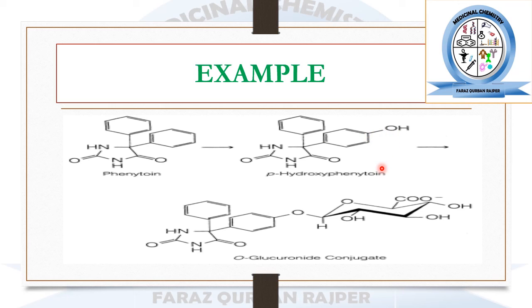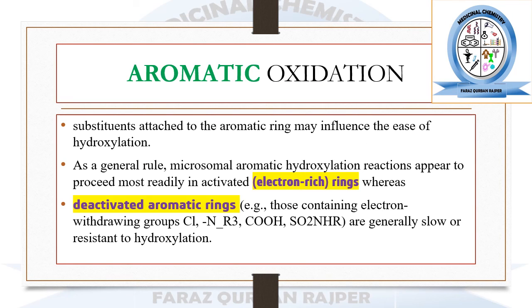After this, the drug will undergo the phase 2 conjugation reaction. The type of conjugation reaction will be glucuronide conjugation because of this phenolic metabolite. So glucuronide conjugation is basically the glucuronide molecule binding with this hydroxyl functional group. So in this diagram you may observe the O-glucuronide of phenytoin has been produced, and now this will ultimately go through the process of excretion.